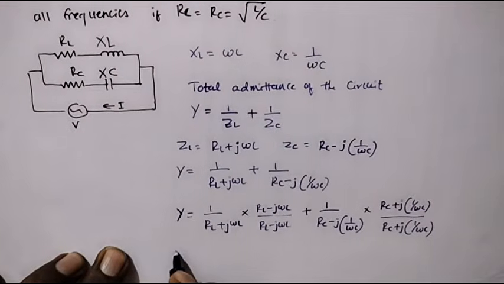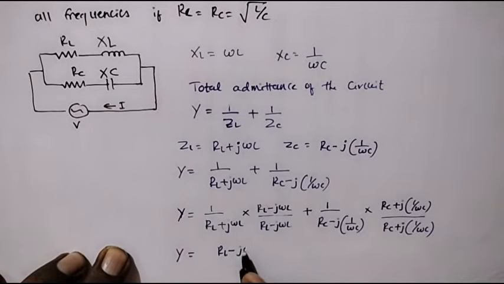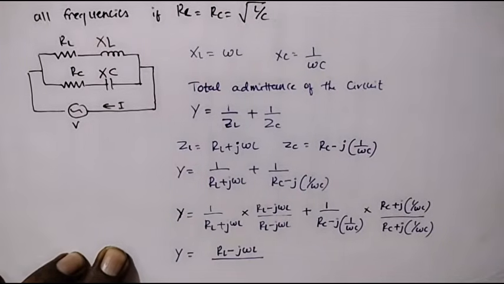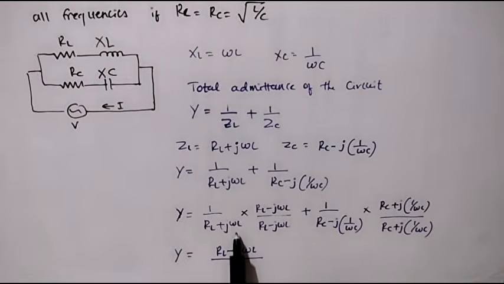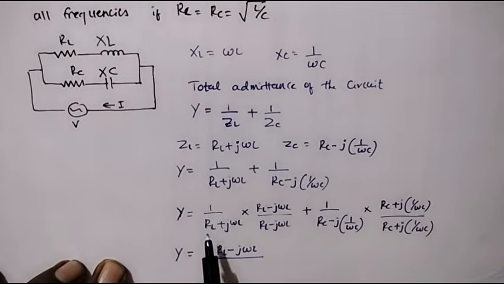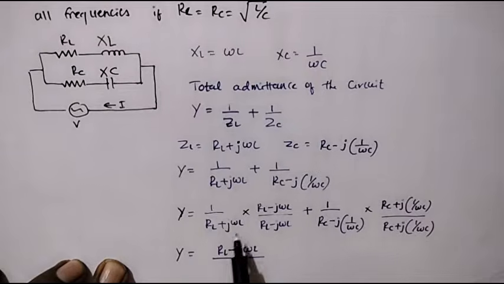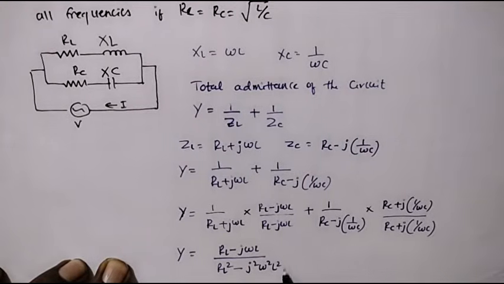Now I'll simplify this equation further. The numerator is RL minus j omega L, and the denominator is of the form A plus B, A minus B, that is A square minus B square. Here A is equal to RL, B is equal to j omega L. So I can write A square, that is RL square, minus j square omega square L square.